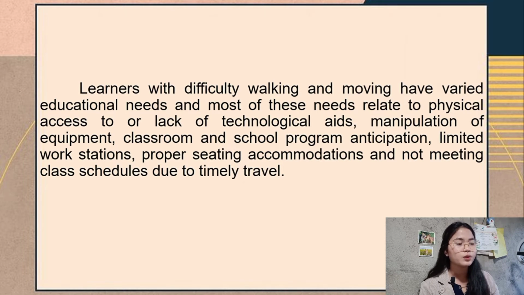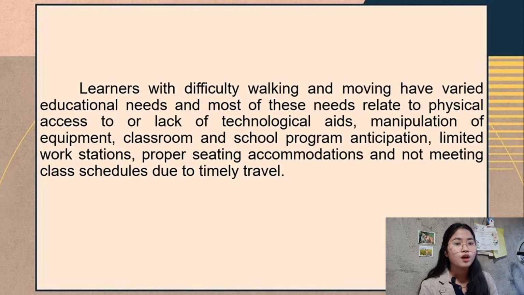Learners with difficulty walking and moving have varied educational needs, and most of these needs relate to physical access to or lack of technological aids, manipulation of equipment, classroom and school program participation, limited workstations, proper seating accommodations, and not meeting class schedules due to lengthy travel.